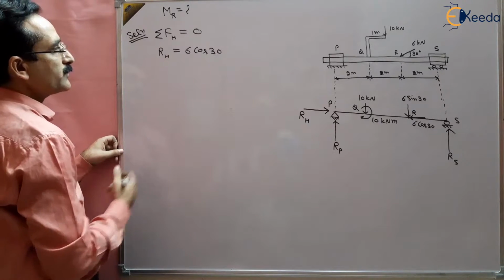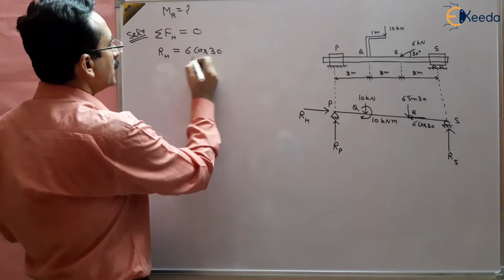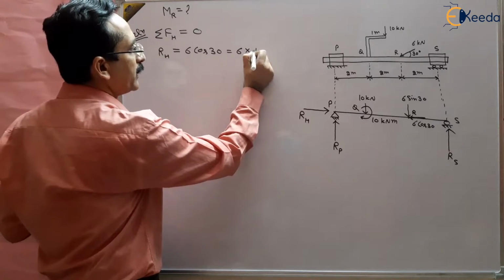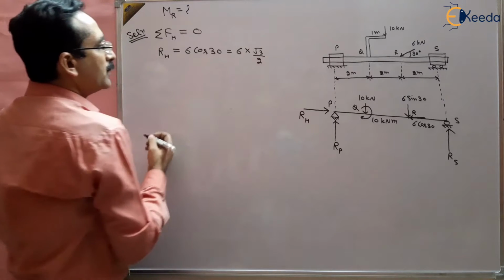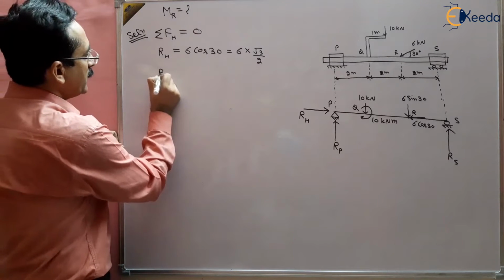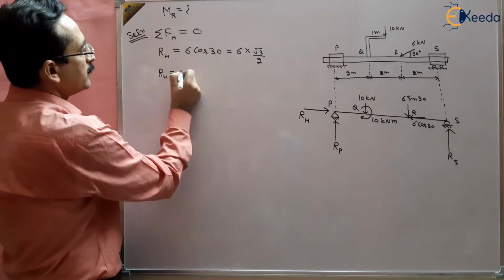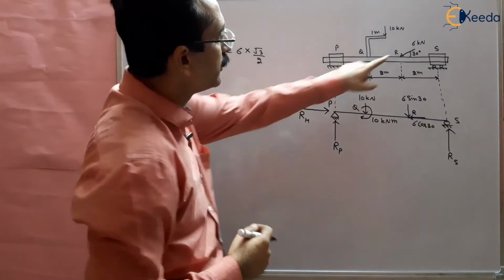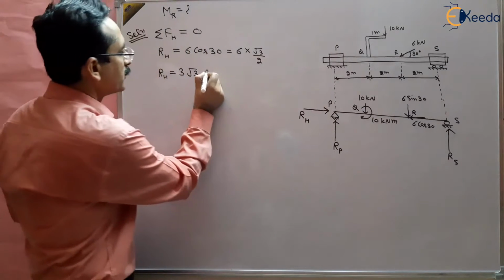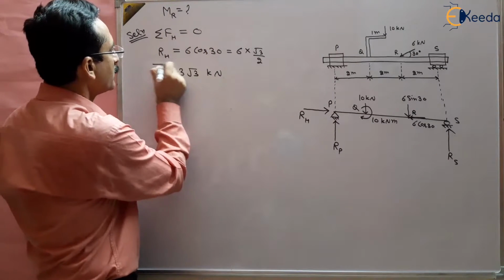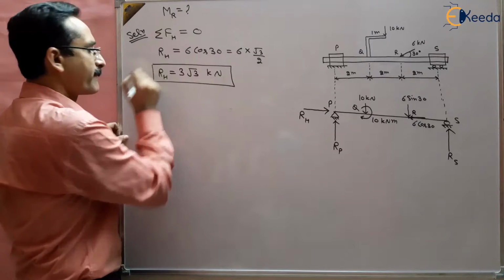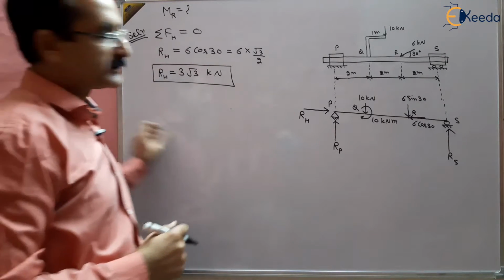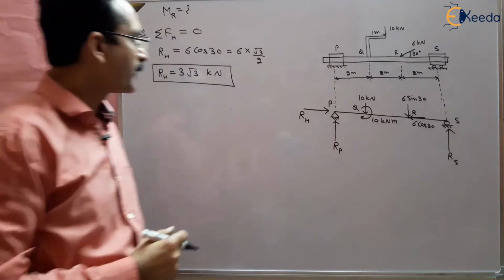From here RH equals 6 multiplied by cos 30, which is root 3 by 2, so RH equals 3 root 3 kilonewton. This is the horizontal reaction RH. Now we have to find the vertical reactions RP and RS.